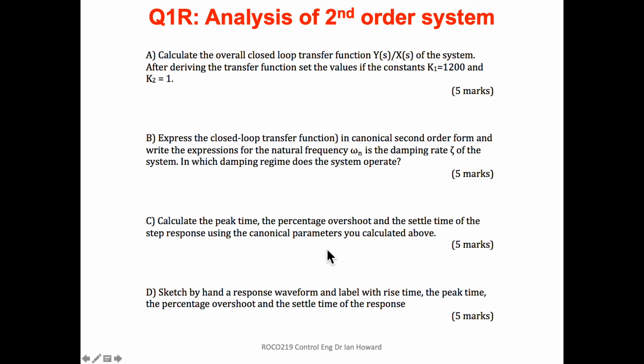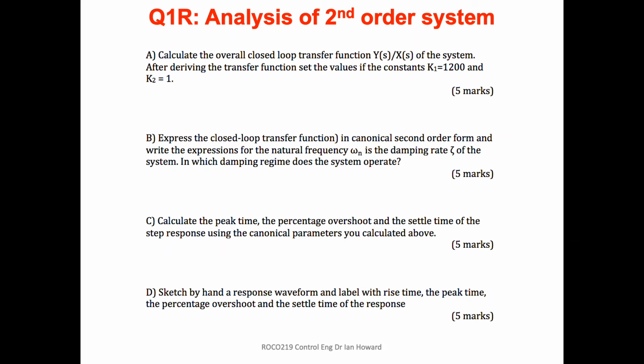Then, given the damping ratio zeta and the natural frequency omega n, we can use formulas to directly calculate peak time, percentage overshoot and settle time when we give it a step as input, because the formulas relate directly to these characteristics for a second order system.